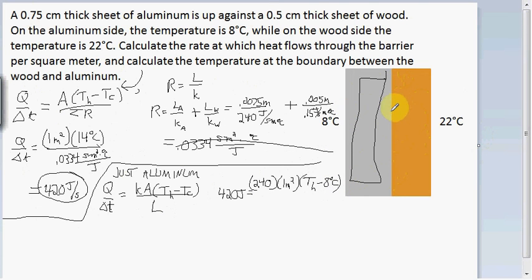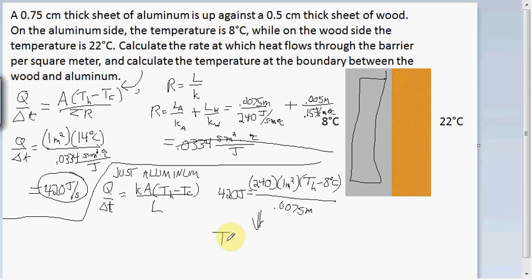So the temperature here at the right edge of the aluminum, which is what I want, is my TH if I'm considering just the aluminum. Divided by L, the thickness, which is again 0.0075 meters. And notice I know everything in here except TH.